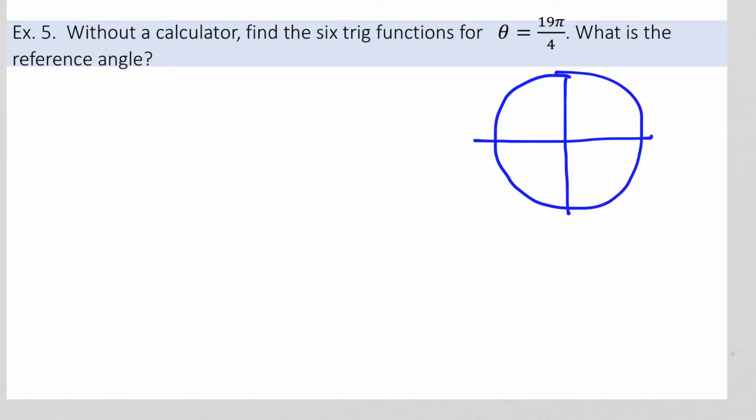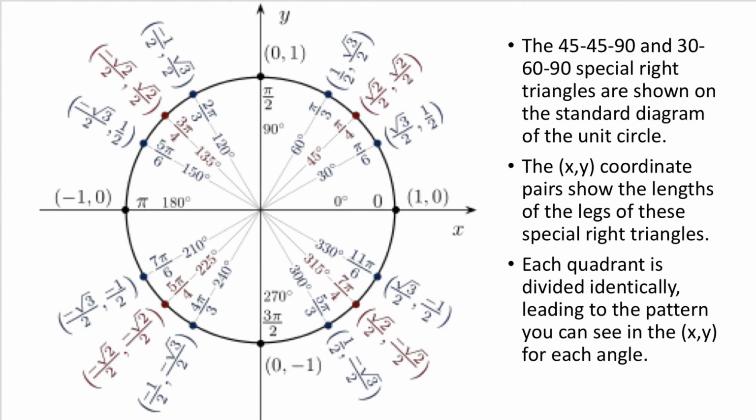So let's go back and look at our unit circle for a minute. So let's highlight the 45-degree lines so we can count 19. So I'm breaking my 360 degrees up into 45-degree segments, and I'm going 19 pi over 4 in the positive direction.